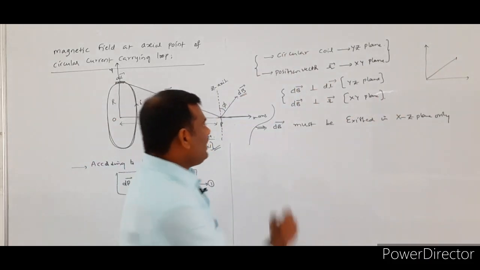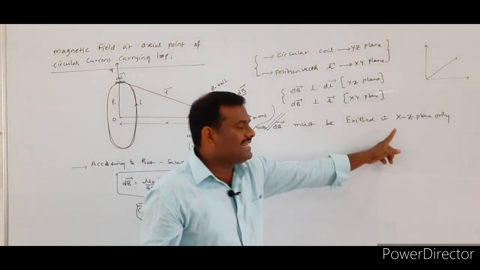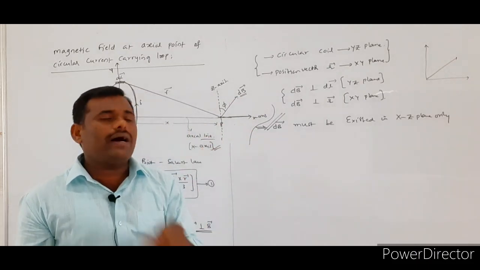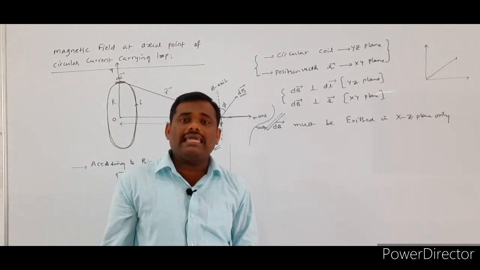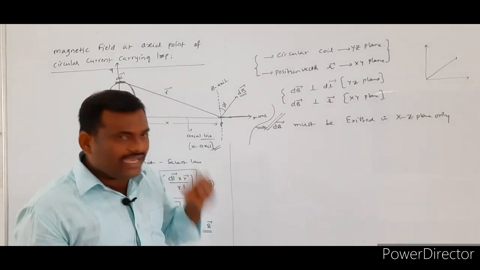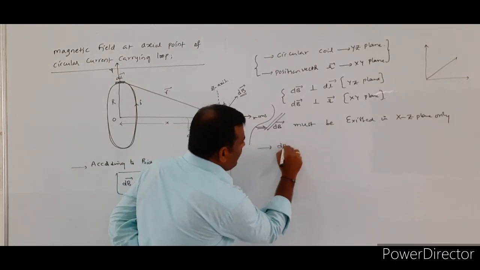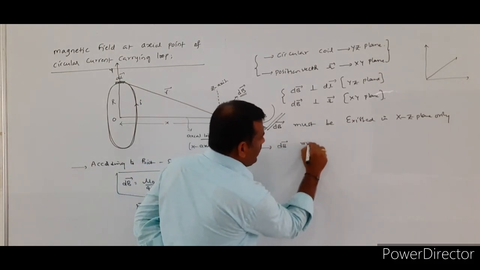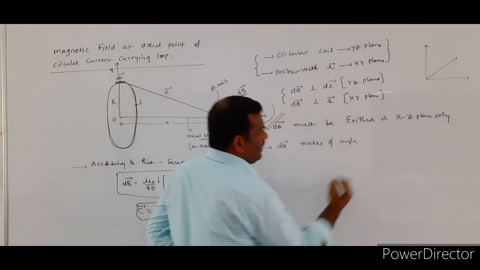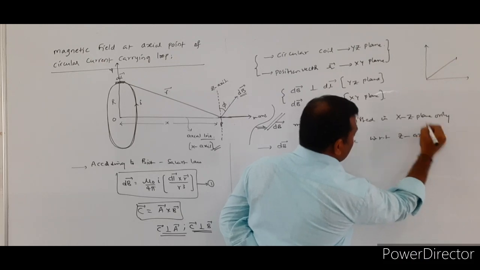Here also, whenever the dB bar is present in the XZ plane, this dB bar will be making a certain angle with respect to the X-axis as well as the Y-axis. But here I am assuming that this dB bar vector makes phi angle with respect to which axis I consider here?